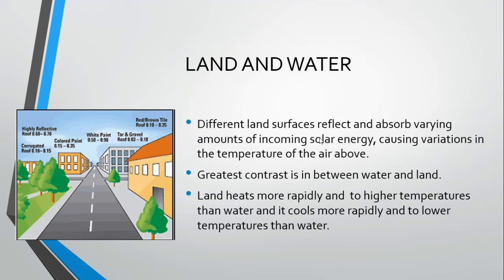Then it also depends on the reflecting surfaces on land. So, for example, it depends on the paint of buildings. We know that white is more reflective compared to dark-colored objects. So they reflect more of the rays coming from the sun, unlike dark-colored objects.